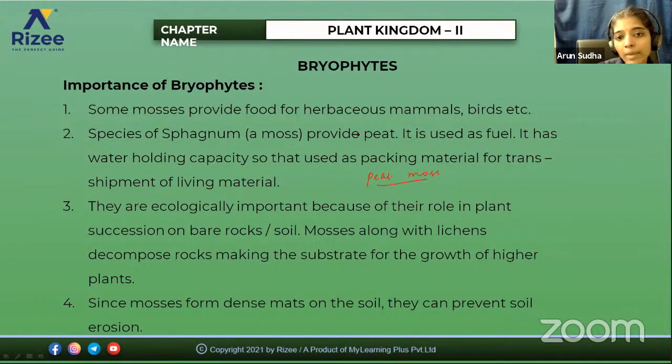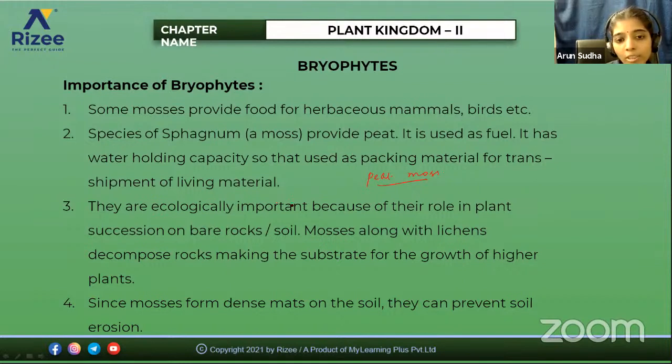It is used as a fuel, and it has high water holding capacity, so it is used as packing material for transshipment of living material. Since it holds water, it can be used as a packaging material for preservation.